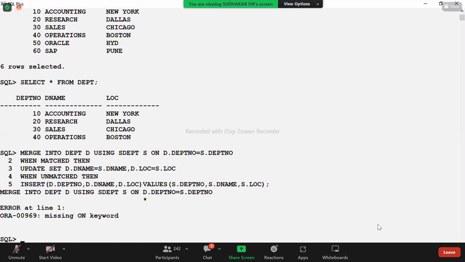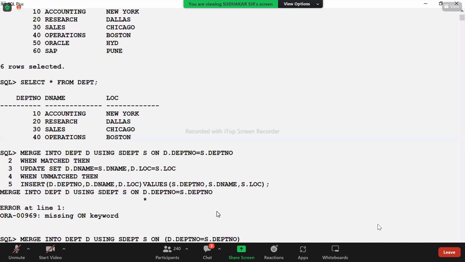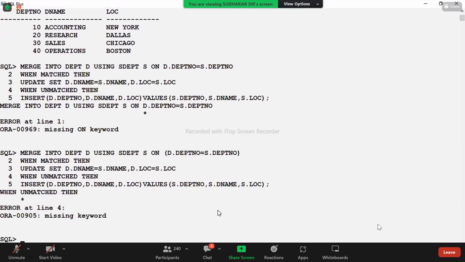Let me see. Something is missing. The ON keyword we kept, open brackets, closing brackets. Unmatched, space.